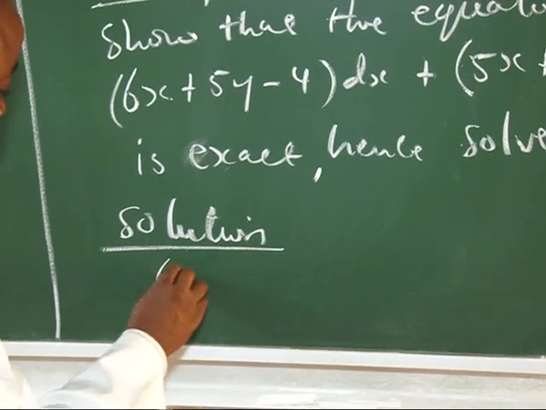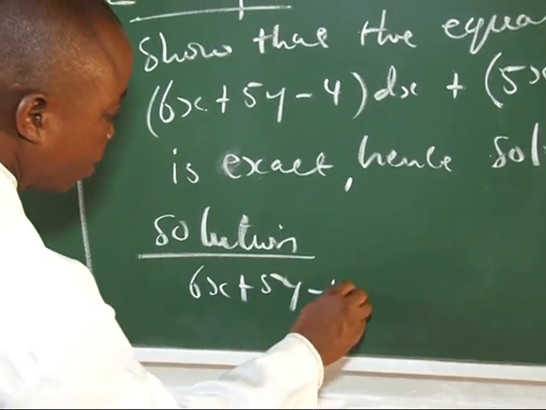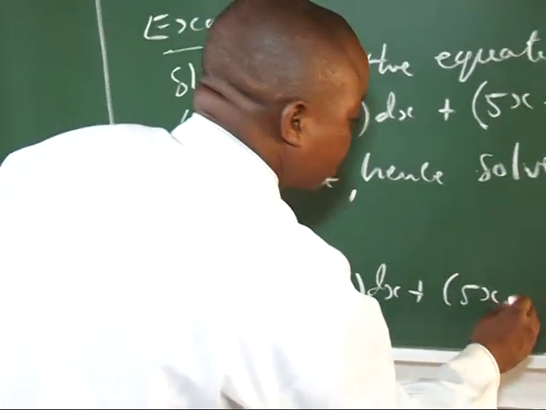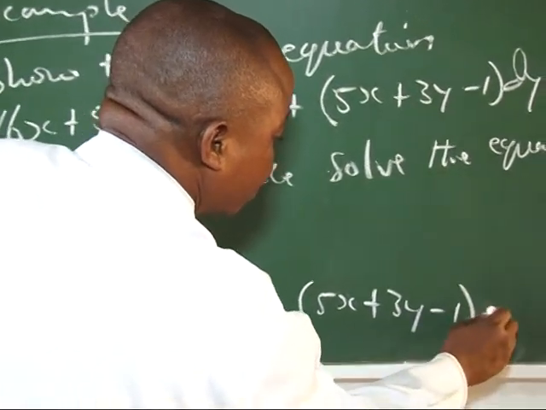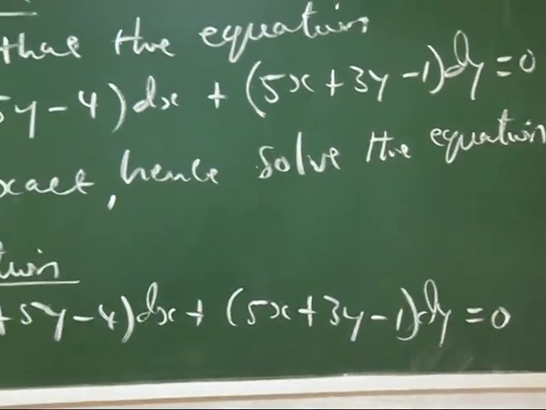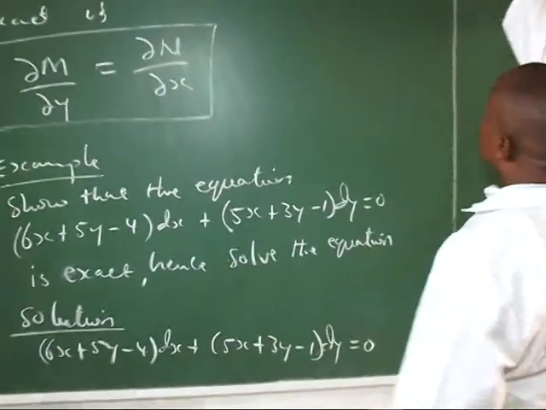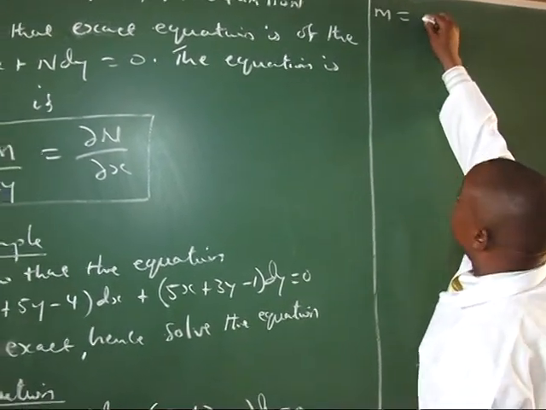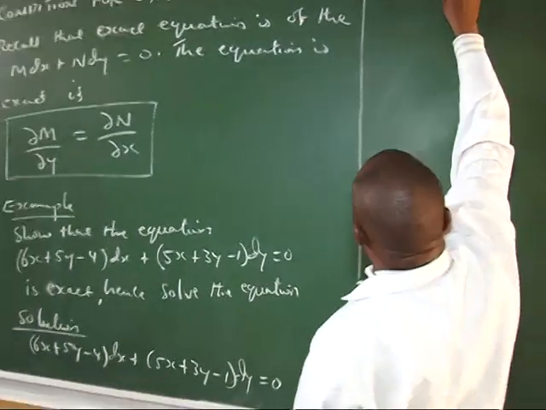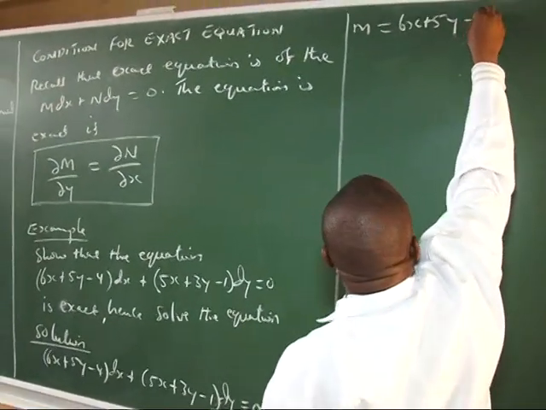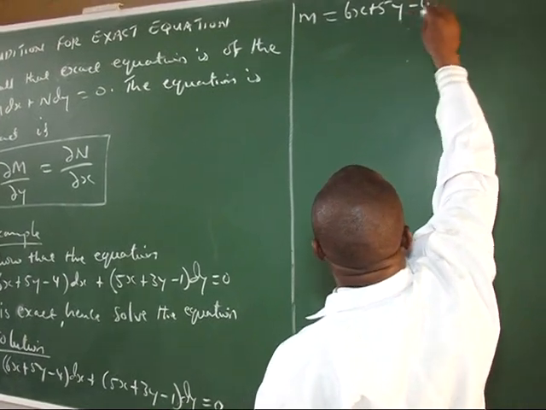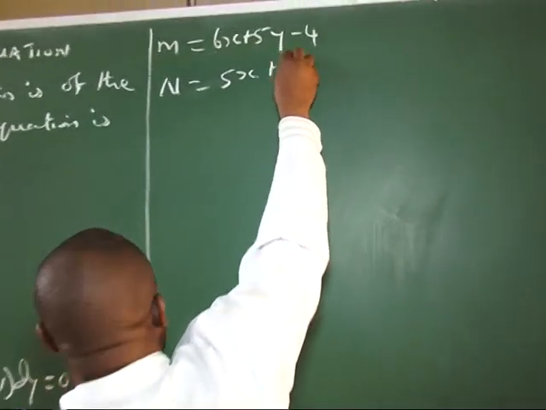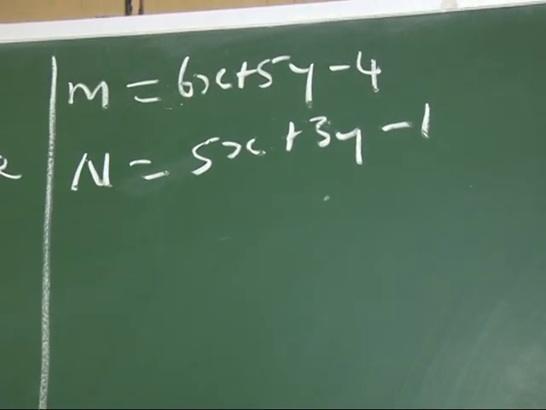We have (6x plus 5y minus 4) dx plus (5x plus 3y minus 1) dy is equal to 0. Now here M is equal to 6x plus 5y minus 4. Then N is equal to 5x plus 3y minus 1.